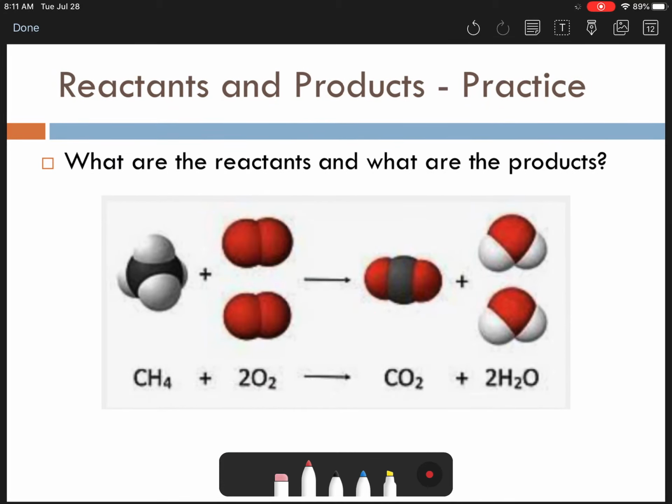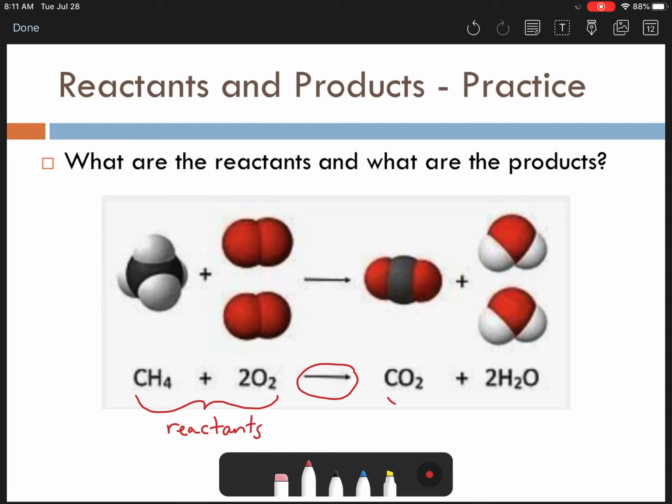chemical reactions. So we're going to do a little bit of practice here. What are the reactants and what are the products? Okay, well, first of all, let's spot where our arrow is. If you see your arrow is right here, anything that comes in front of it would be your reactants, because they're the ones reacting.